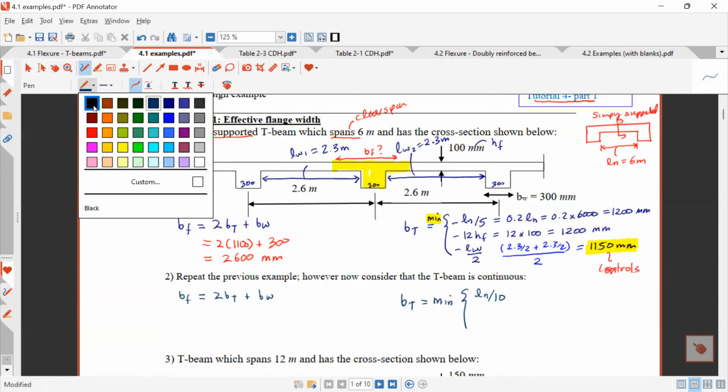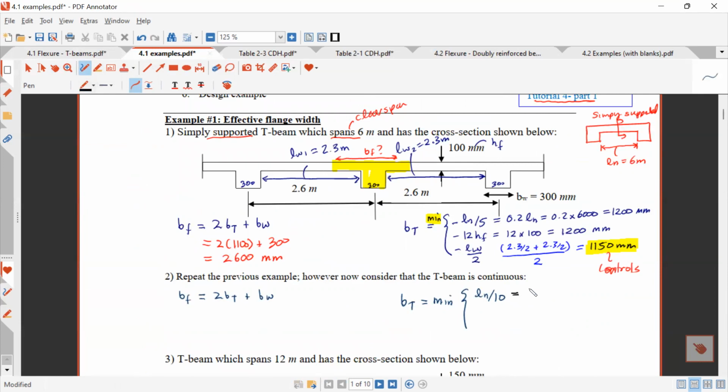So this is equal to 0.1 ln. That's 0.1 times 6,000. That's 600 millimeter. And then these other ones should be the same. So 12 HF is 1,200 millimeter, and LW over 2 is the same. It's 1150 millimeter. So I compare these three. Again, I take the minimum.